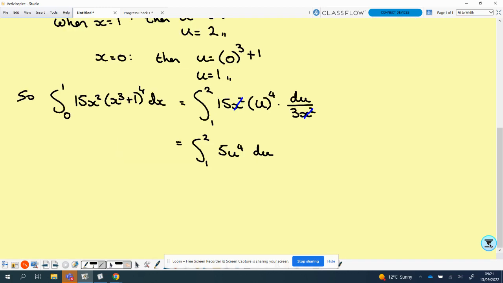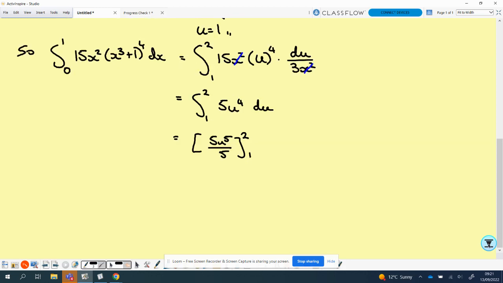Okay, so if I do the integration now, so that's going to become 5u to the power of 5 all divided by 5, with limits 2 to 1. Always tidy up before you put the limits in, so that's going to be u to the power of 5. Limits 2 to 1, so that's going to be 2 to the power of 5 minus 1 to the power of 5.